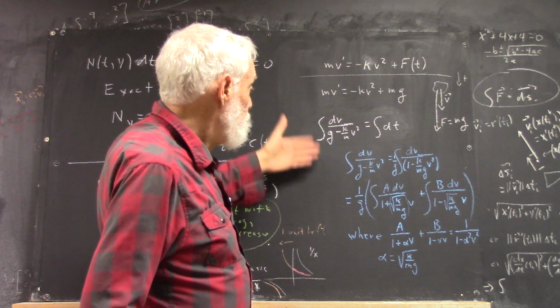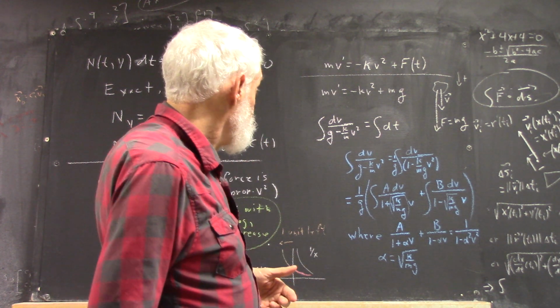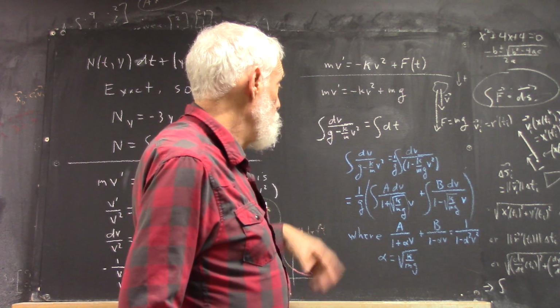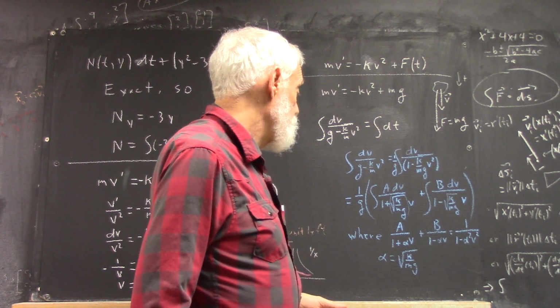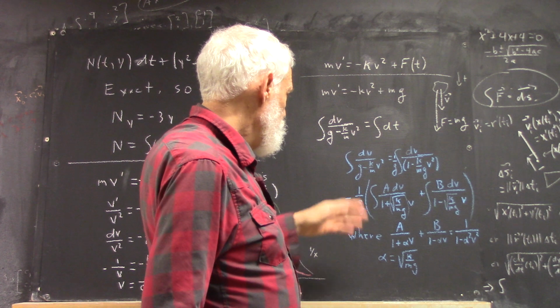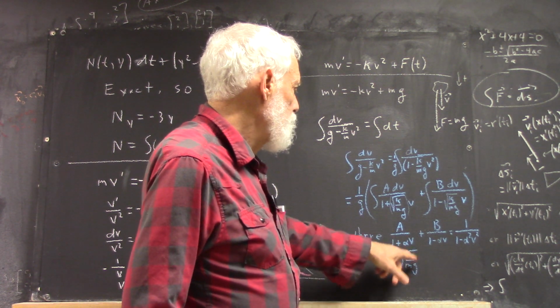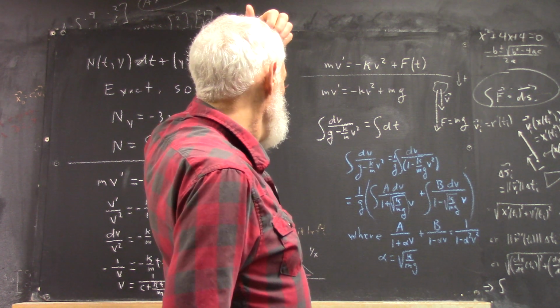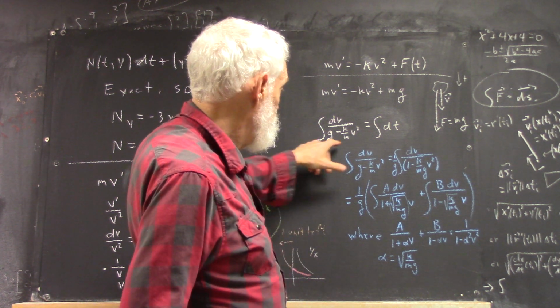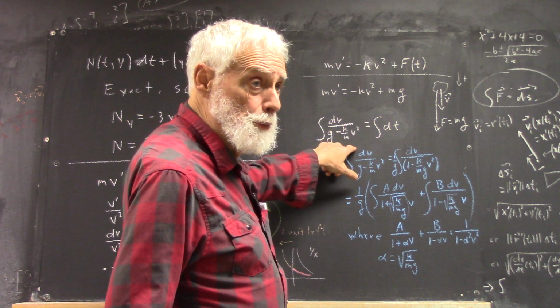Okay, well, anyhow, we have then simple rearrangement of the equation, and we go through the details. And I use alpha equals kappa over mg to abbreviate what we get here. Now, this has got to be done by partial fractions, because you have a difference of two squares, essentially.